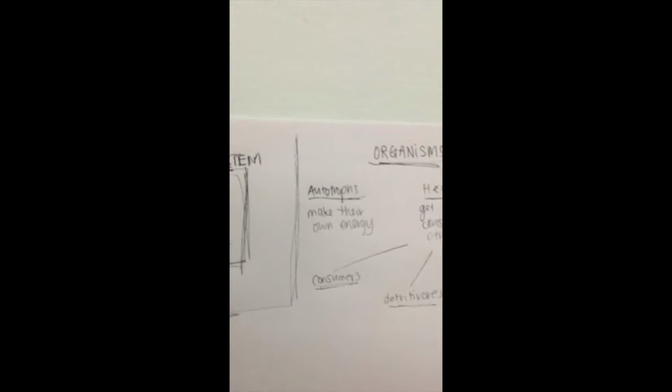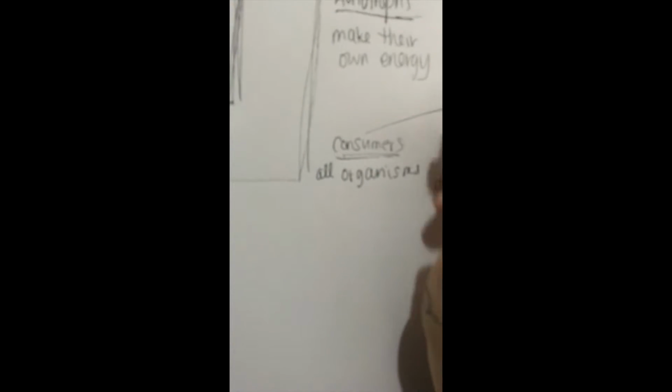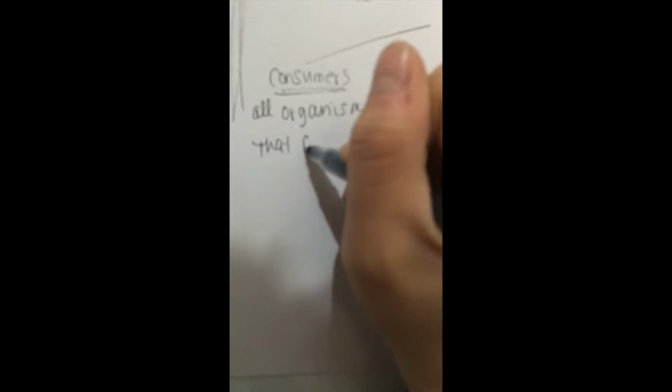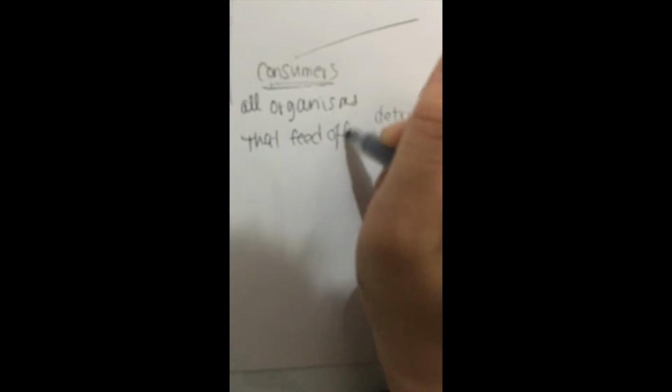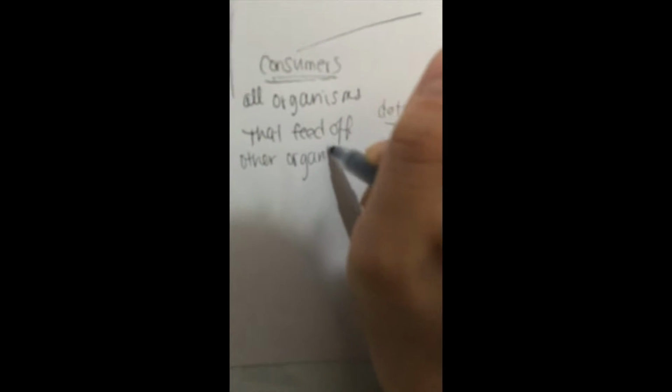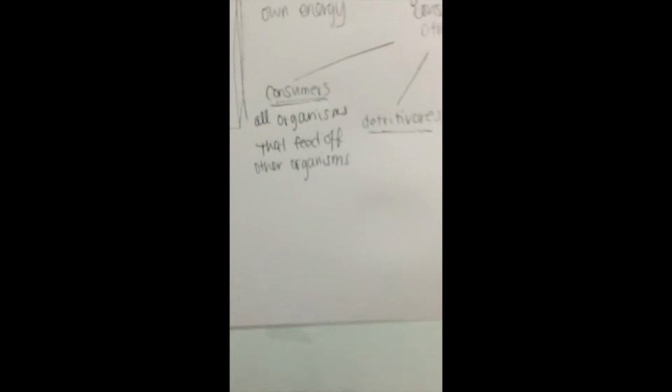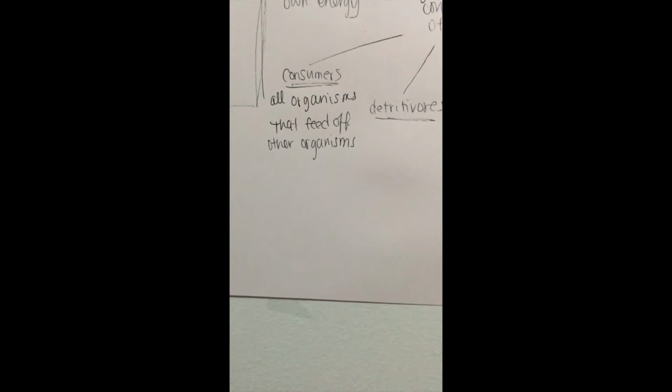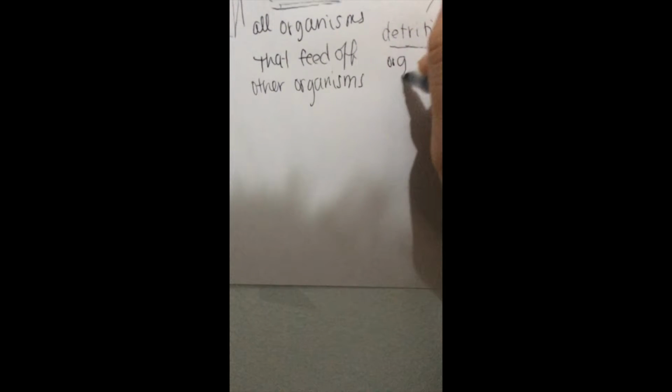Well, to continue, consumers are all organisms that feed off other organisms. Next, detritivores are organisms that get energy by consuming decaying waste and products.